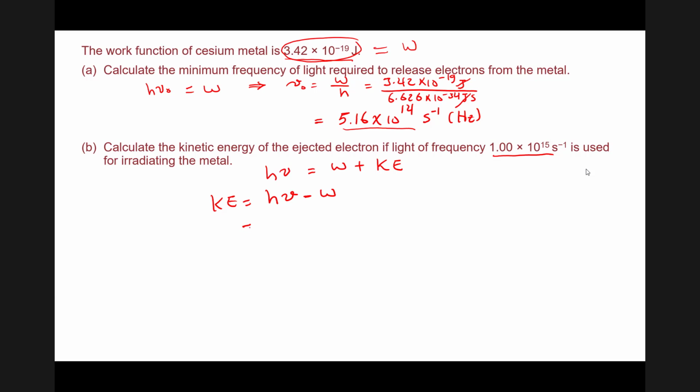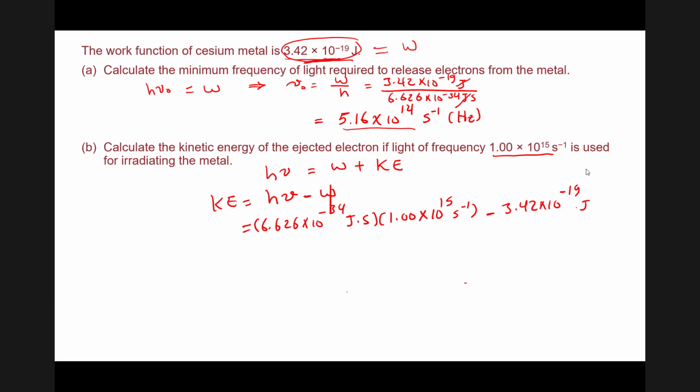So it's going to equal 6.626 times 10 to negative 34 joule second times the frequency, which is 1.00 times 10 to the power 15 second minus 1, minus the work function that is given right here, which is 3.42 times 10 to negative 19 joule.